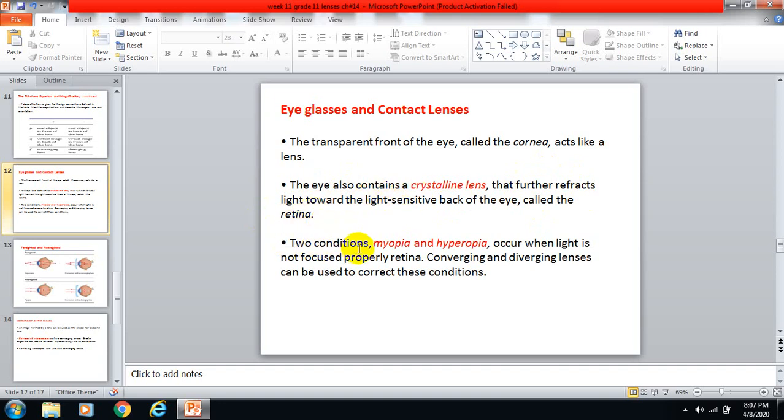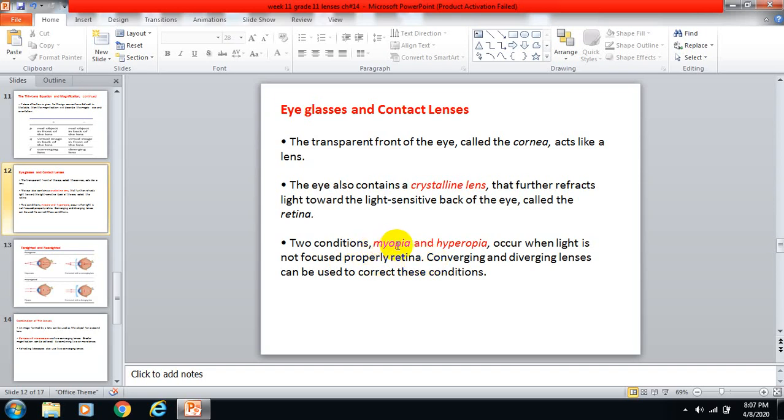Now two conditions: myopia and hyperopia. Myopia and hyperopia occur when light is not focused properly on the retina. Two kinds of things can happen because the retina is light sensitive, so the light cannot be focused properly onto the retina.